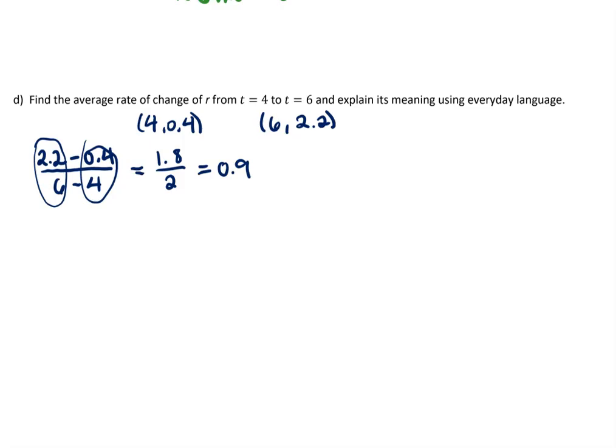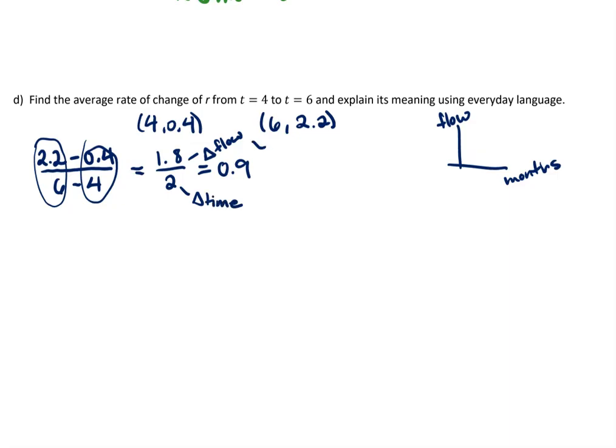So let's first tackle units with that. If you remember, we were getting flow rate and months on our two axes. So when we look at that 2.2 and the 0.4, that's the change in flow. And when we look at the 6 minus 4, that's the change in time. So that's the number of months.